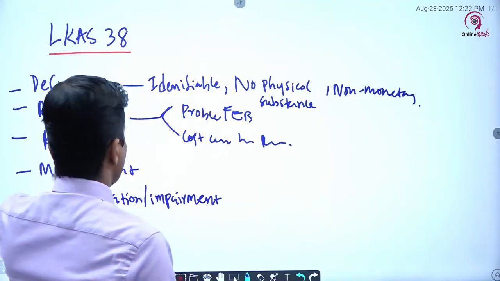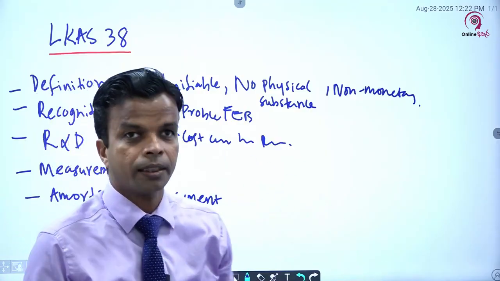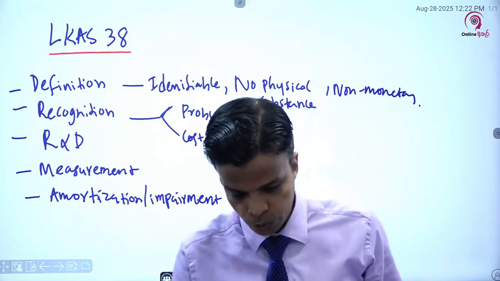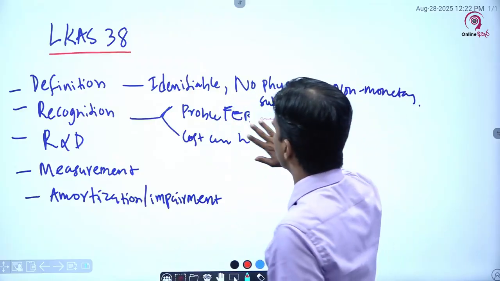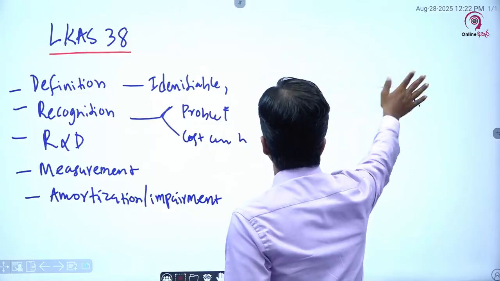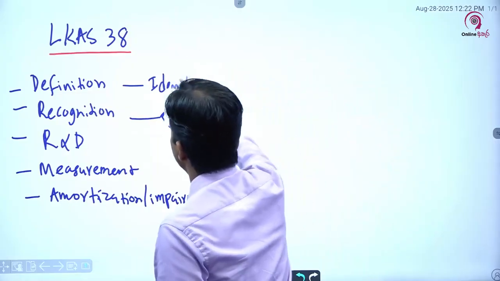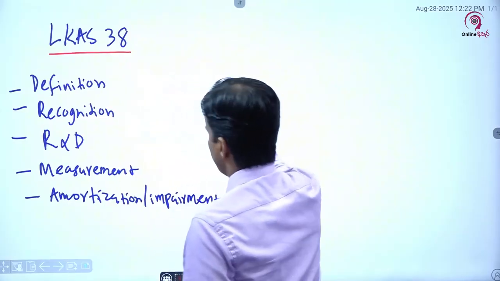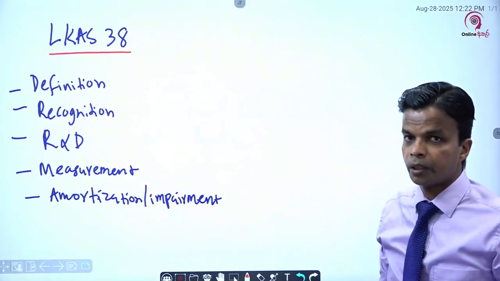So if that's the case, you can recognize intangible assets. More importantly, these two are very straightforward, but there is a special area when it comes to this particular standard, research and development cost.